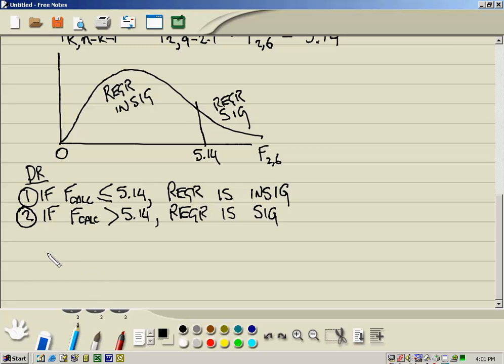Alright, the next step would be to do the calculated value, fcalc. So regression sum of squares divided by k, divided by the error sum of squares divided by n minus k minus 1. Alright, and those values were given above.